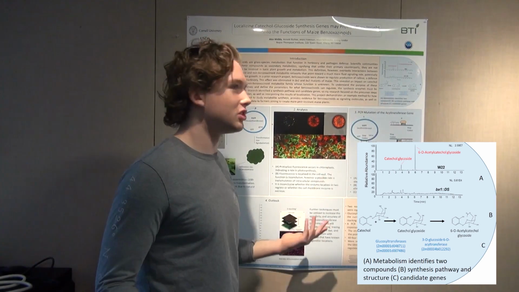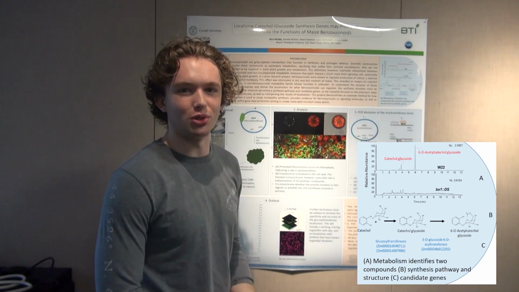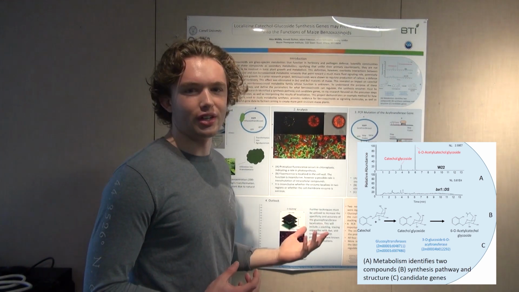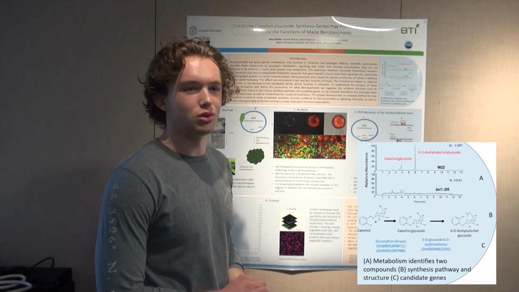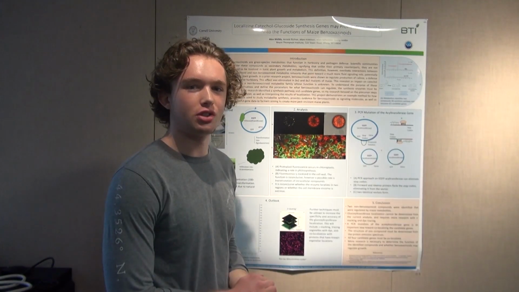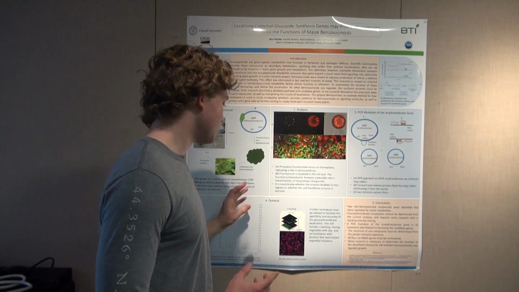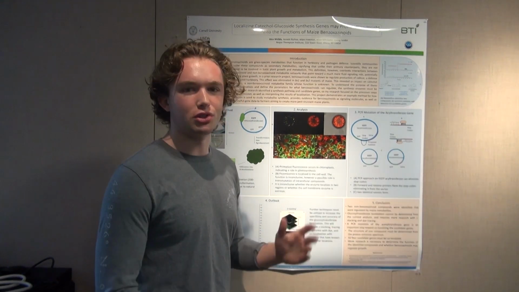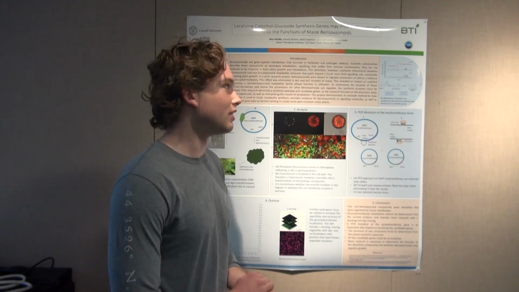But why not just localize the compound? It seems much more direct. It's not really possible to localize the compound directly. We can isolate it, which I do later in my poster, and I'll explain, but it's not possible to trace it in the cell.